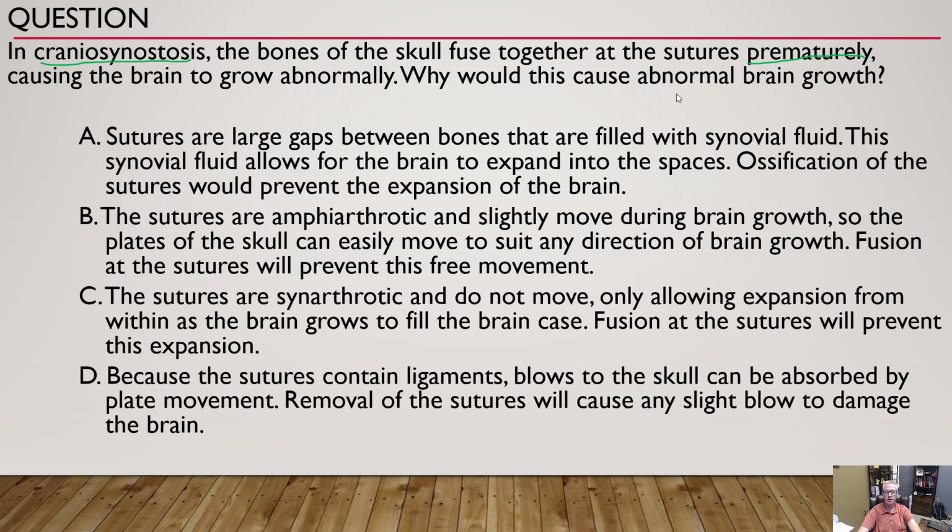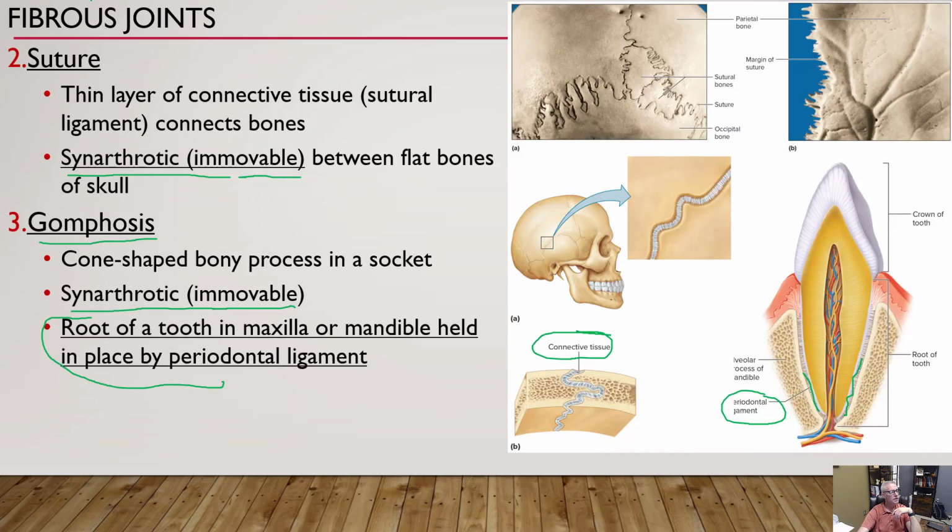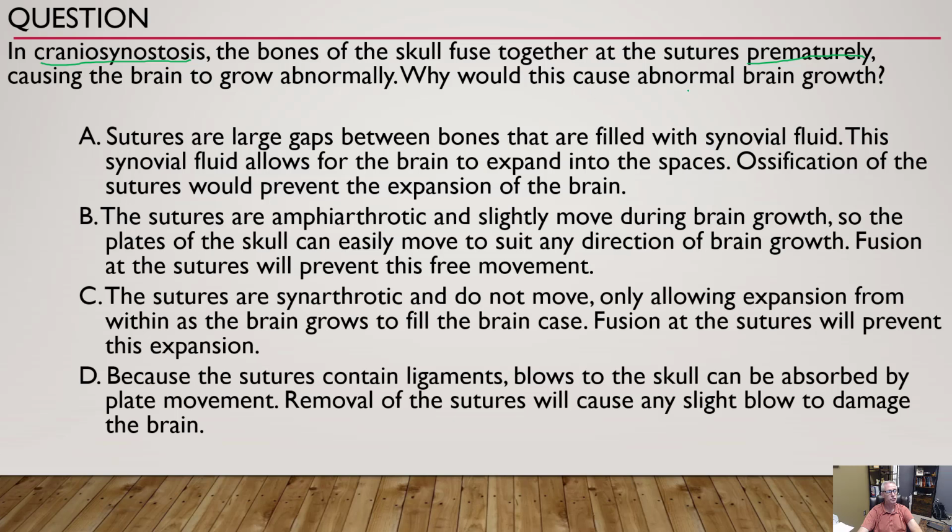So remember that normally when baby's born, those sutures aren't synarthrotic joints. They are amphiarthrotic joints. They're slightly movable when baby is born to allow for brain growth. And then at some point during development, they become synarthrotic joints. But in craniostenosis, those sutures fuse together prematurely.